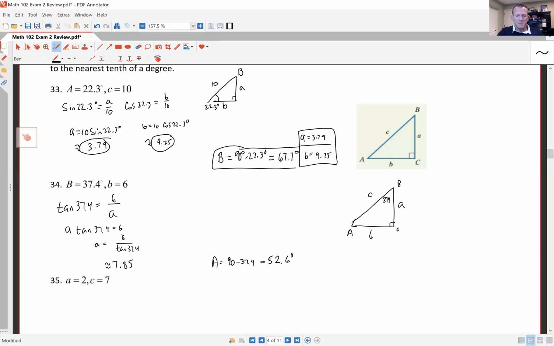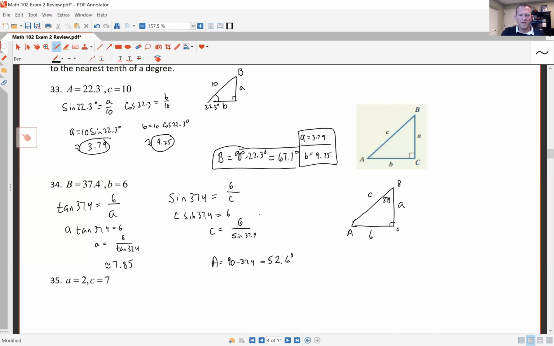And then C, that's the hypotenuse relative to B. And so we would use the sine, because 6 is opposite over C, and multiplying both sides by C says that C is 6 divided by the sine of 37.4.